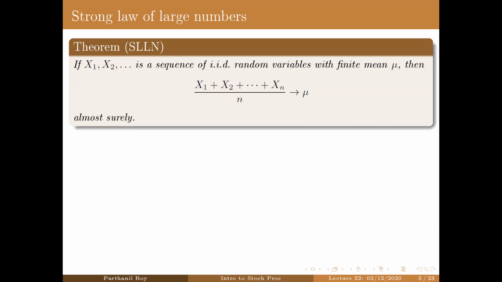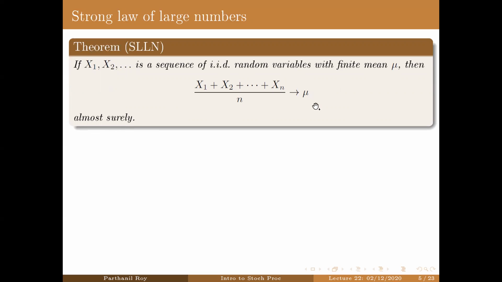Now, the strong law of large numbers, the classical strong law, which we'll be using today itself. If you have a bunch of IID random variables with finite mean mu, then the sample mean, which is (X1 + X2 + ... + Xn)/n, converges to mu almost surely as n goes to infinity.